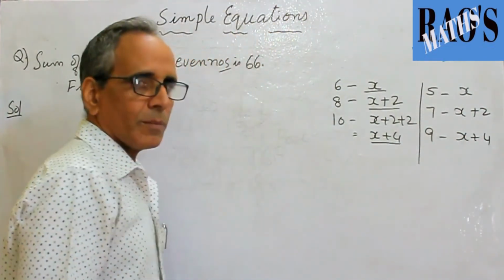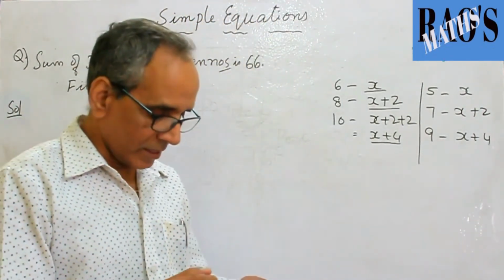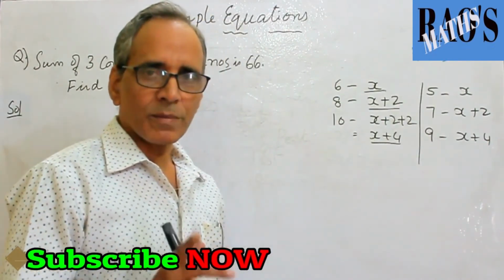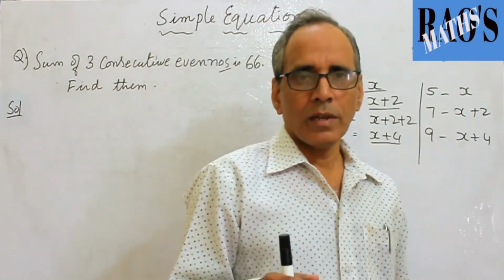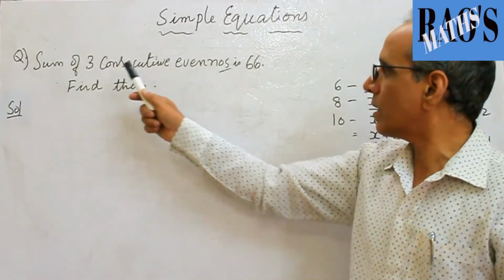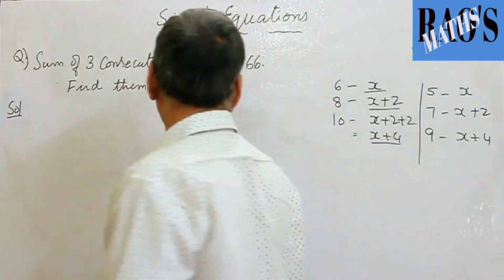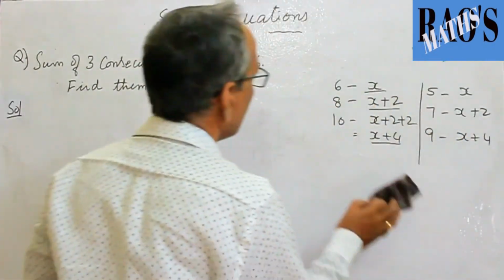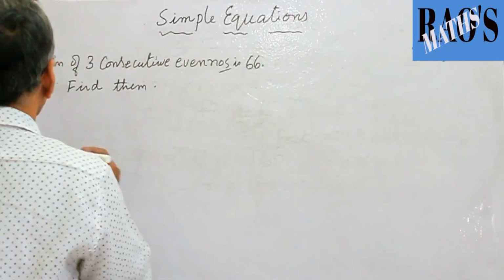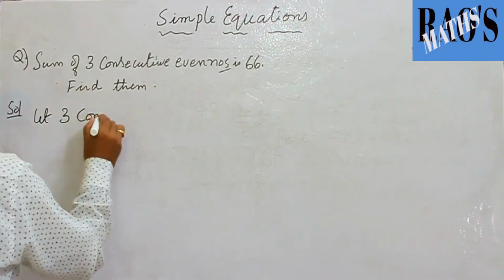So if the question is about even or odd, you may take the same series to define consecutive even or odd numbers, that is x, x plus 2, x plus 4 and so on, for both even and odd.